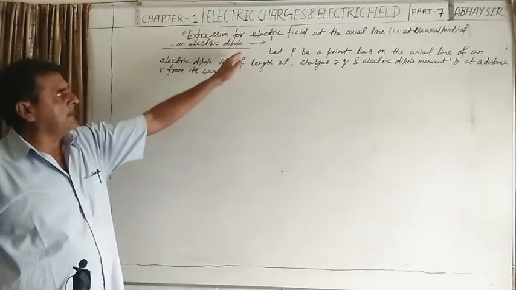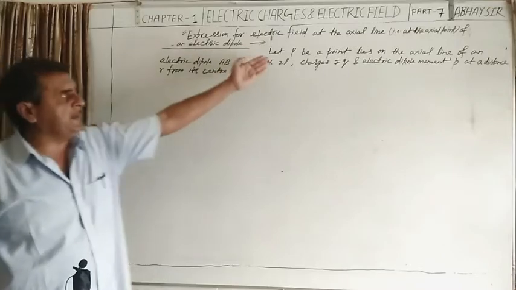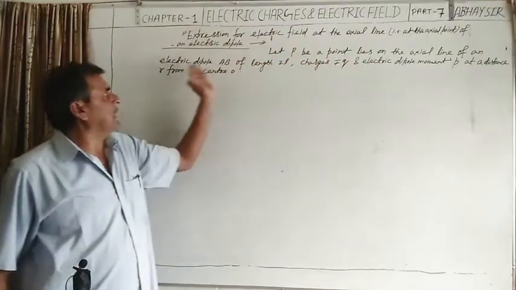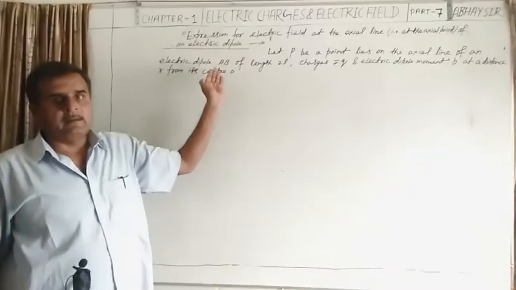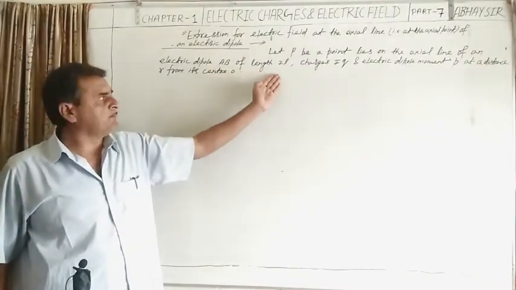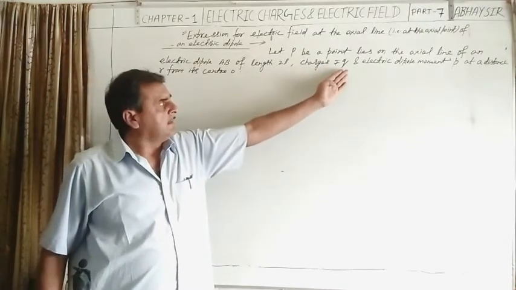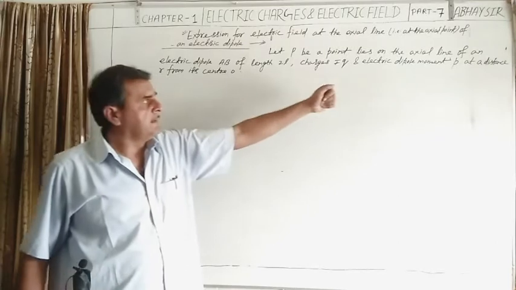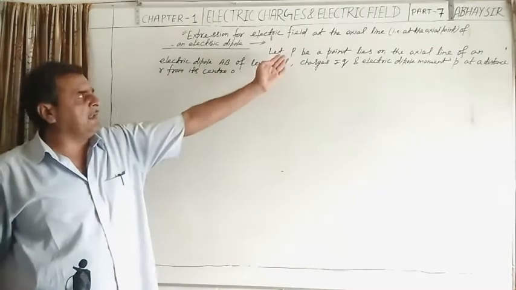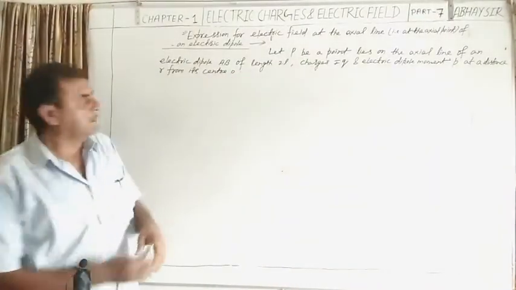To derive the expression for electric field, we take a point P which lies on the axial line of an electric dipole AB of length 2L, with charges minus q and plus q and electric dipole moment P, at a distance r from its center O.